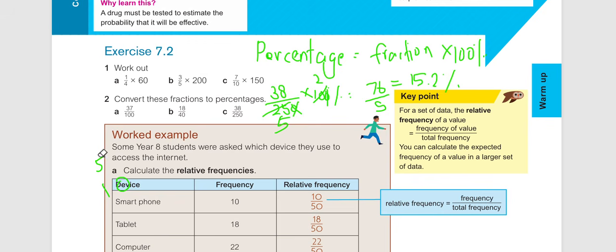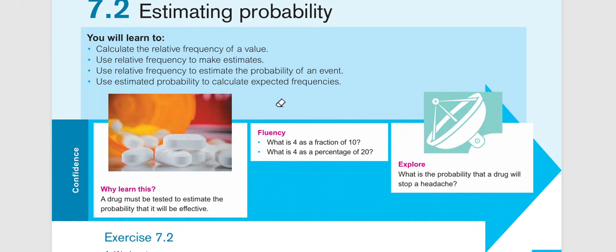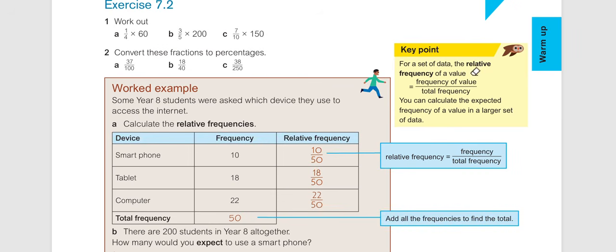Okay. Next part, there is a small theory you need to learn in this. Yesterday we did experimental probability, and today we are doing relative frequency. We are going to learn about this now. Under estimating probability, we are going to learn about relative frequency. So let's see what it is.